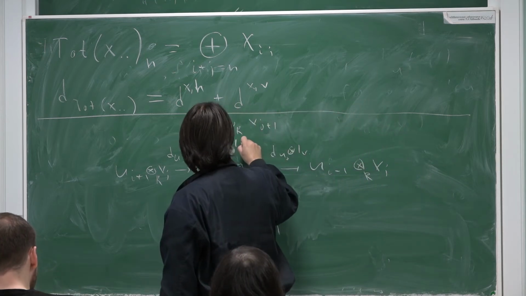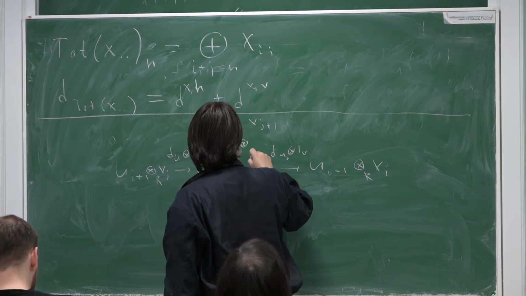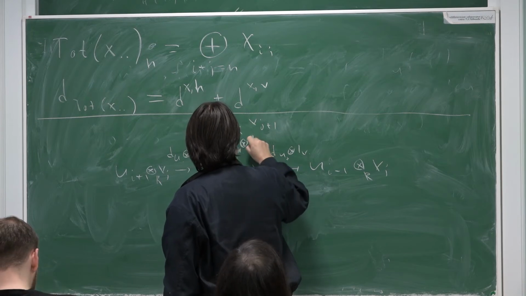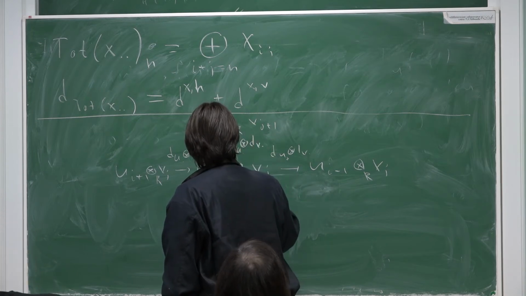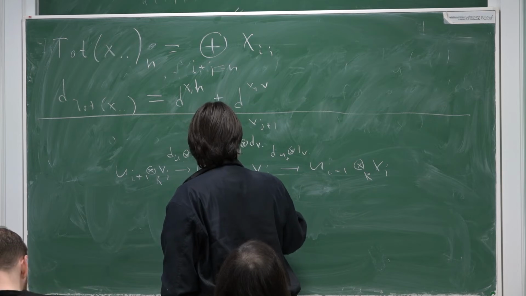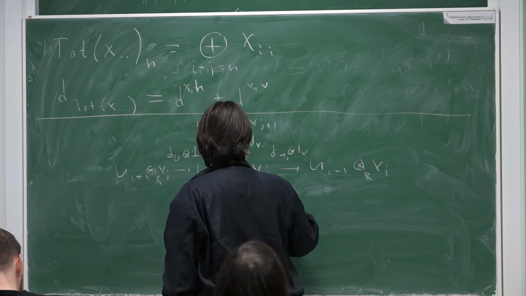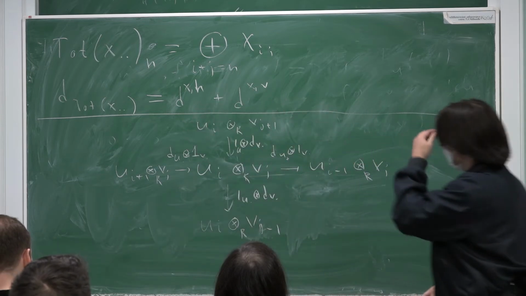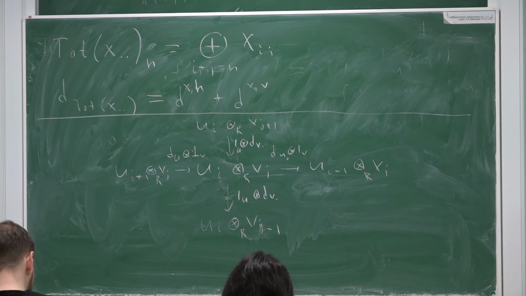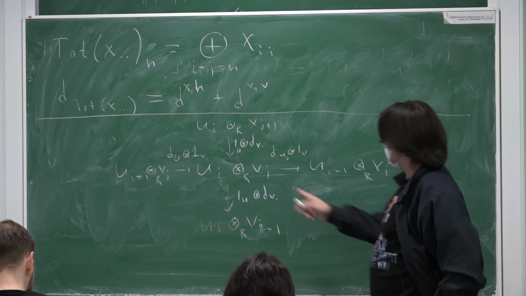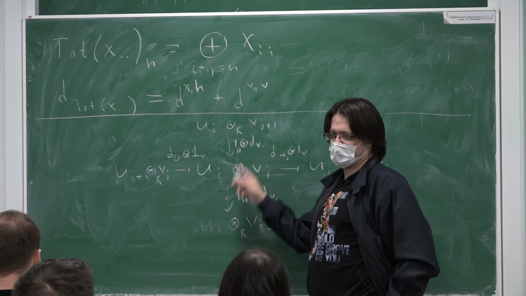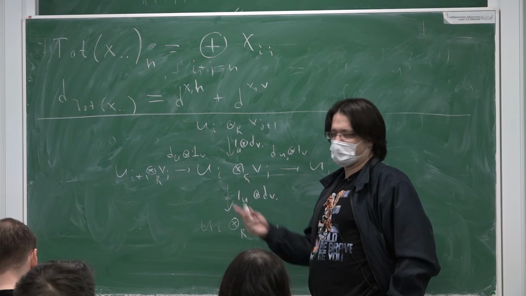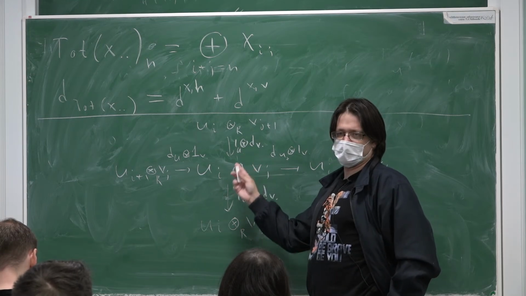Well, I would write that you have here 1_U tensor d_V, but the tensor product of maps is a tensor product of maps between graded modules.